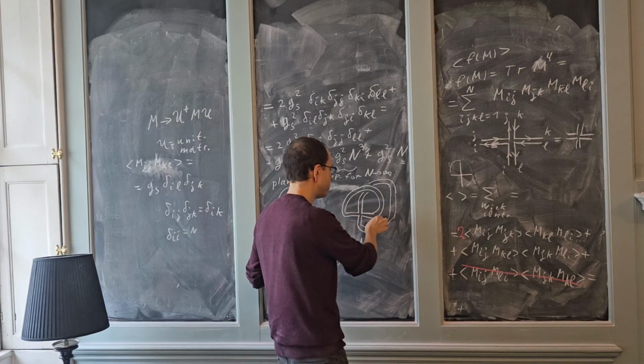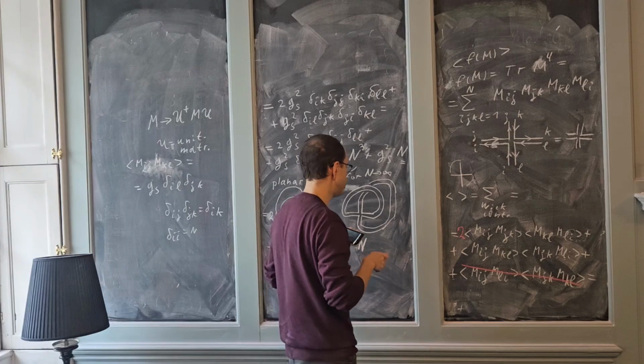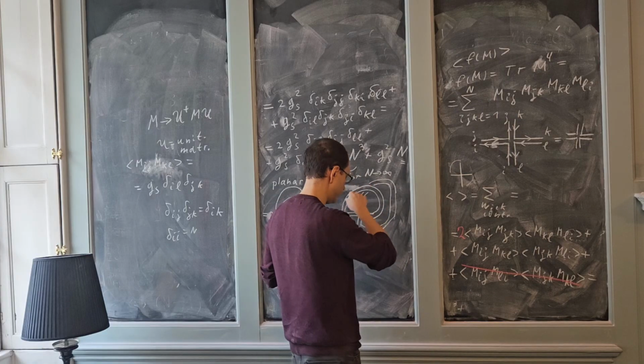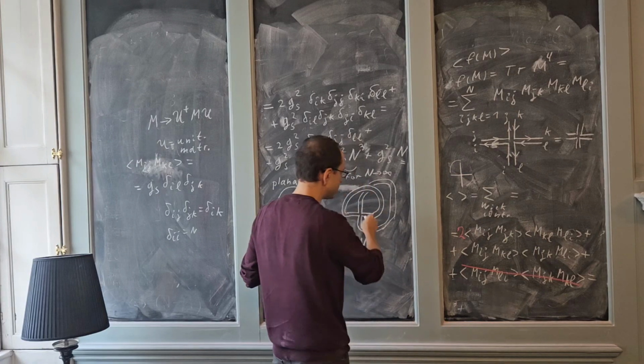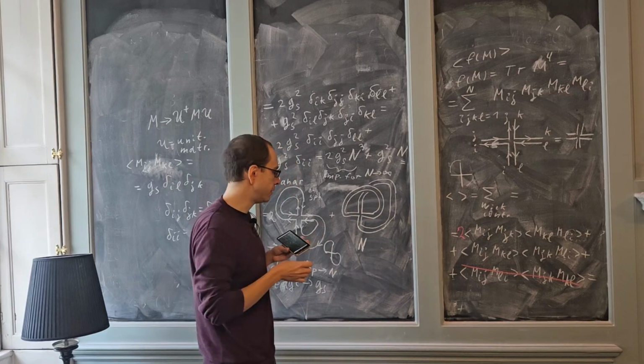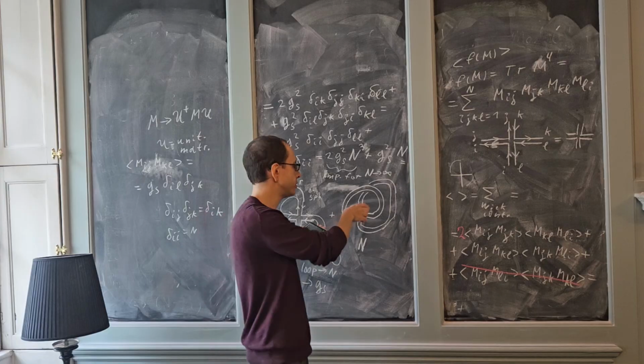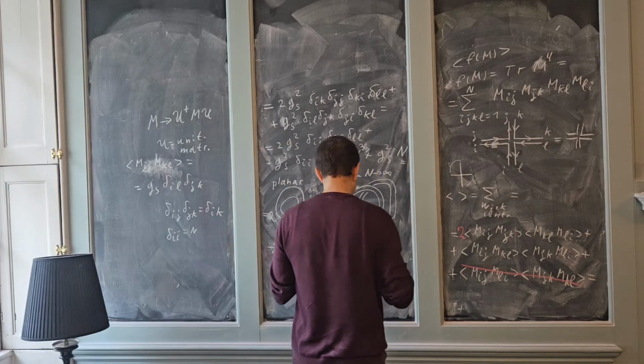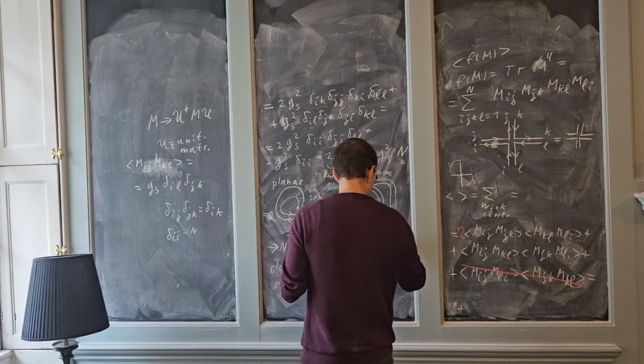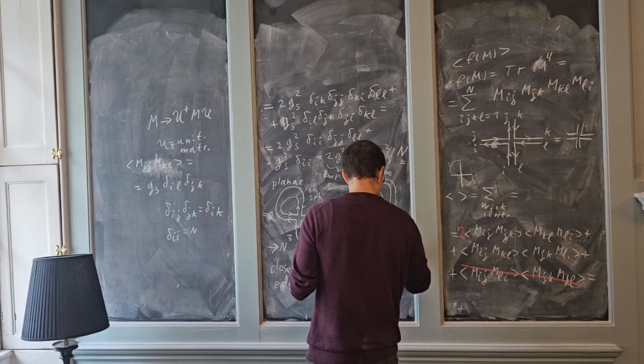Whereas the second diagram cannot be drawn on a plane, and it's not just that I was not able to draw it. No matter how you move these lines around, you will not be able to draw it without a self-intersection on a plane. But it can be drawn on a torus. So it's a non-planar diagram.